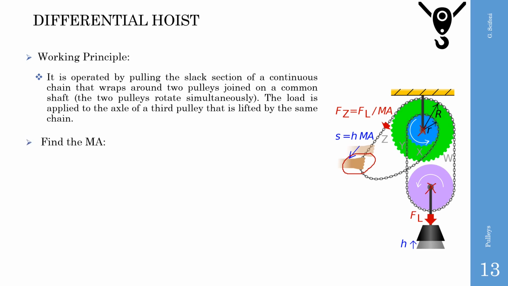To find the mechanical advantage, we need the rotation equilibrium of the upper pulleys, considering that x is 0, because this side of the chain has no load.